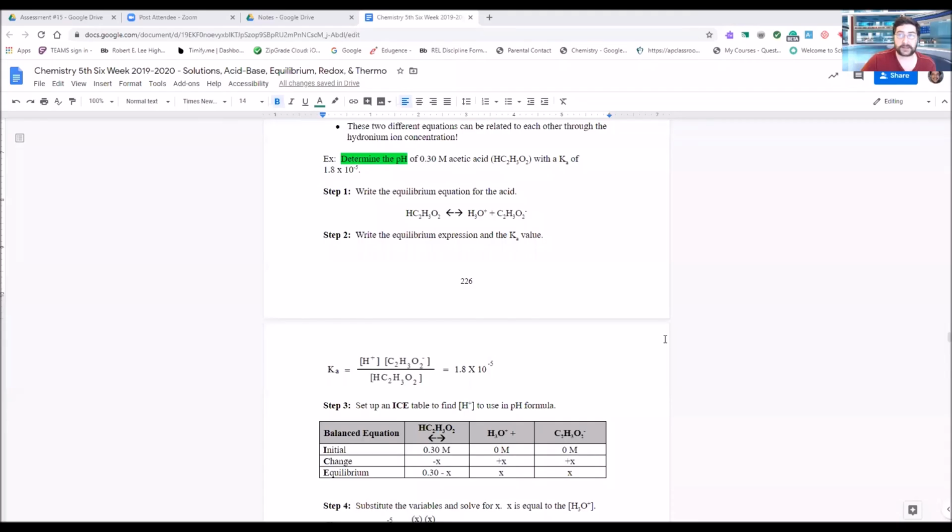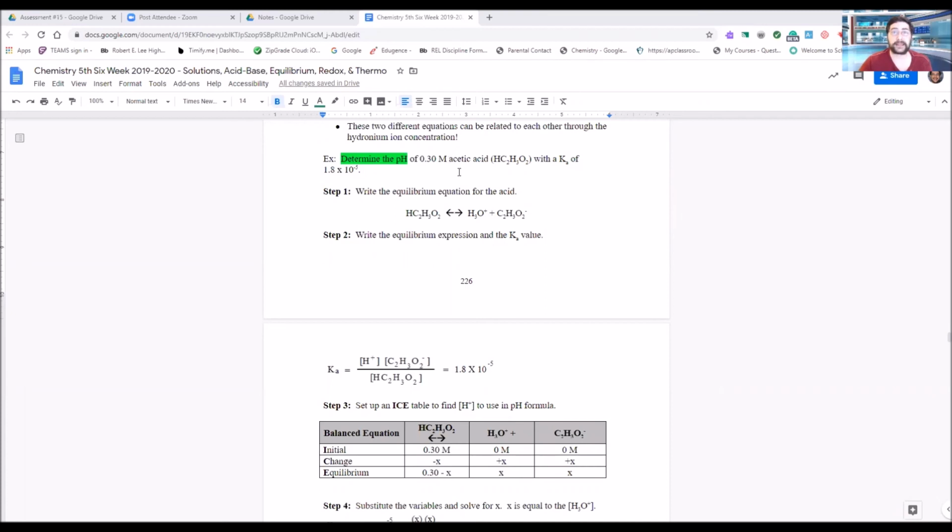Okay, so let's get into the last section of acid and base, which is going to cover how to calculate the pH of a weak acid or base. And remember, for weak acid or base, they're not going to have complete dissociation, all right?